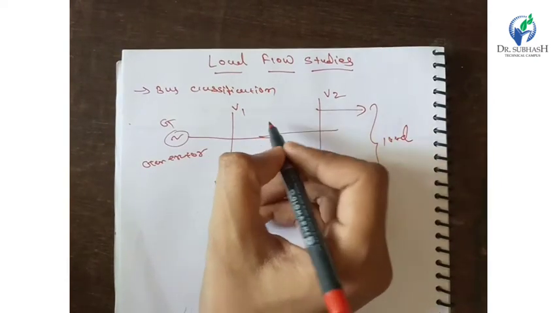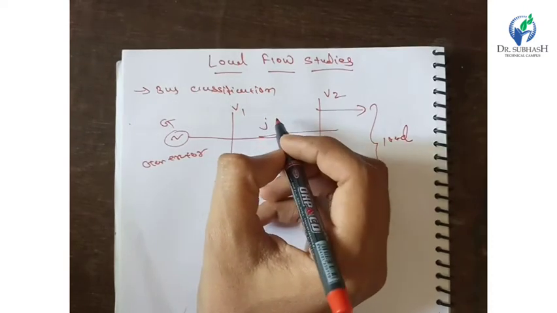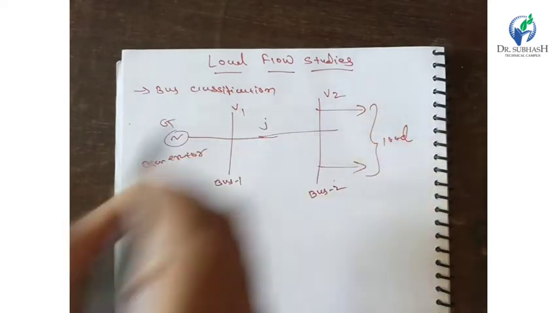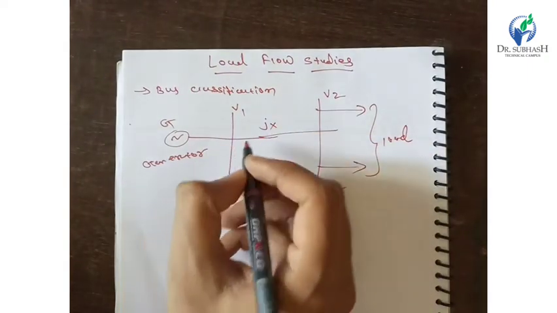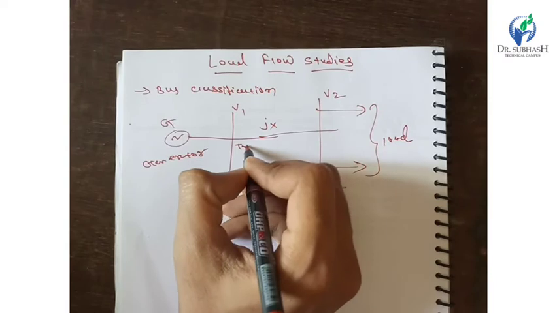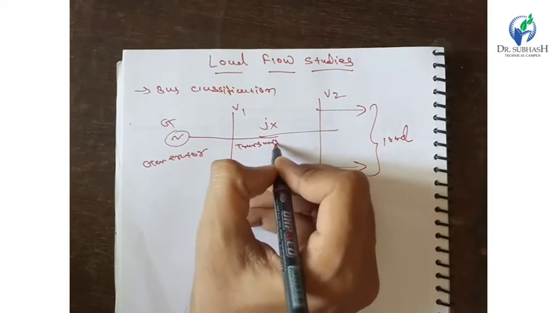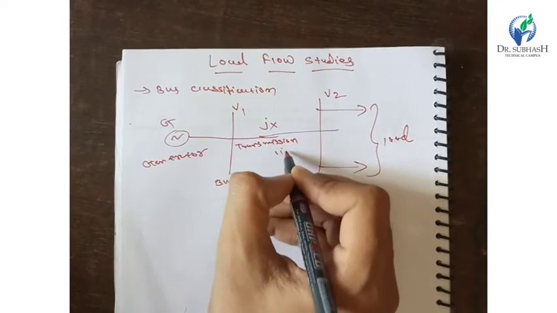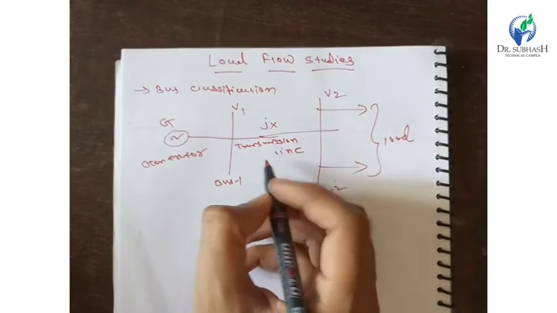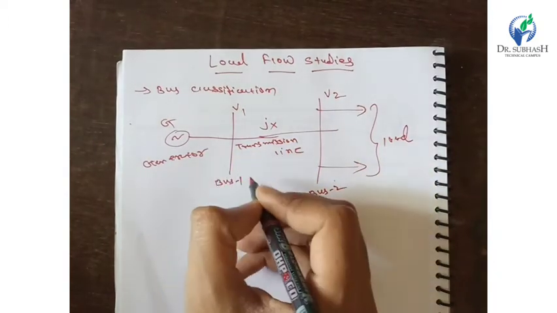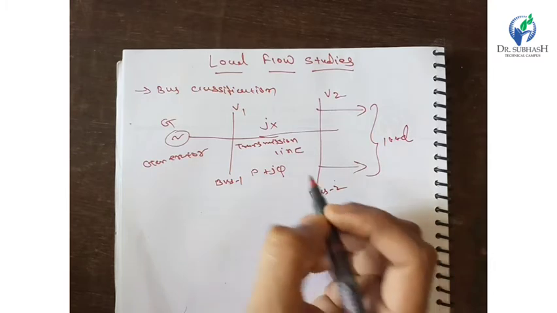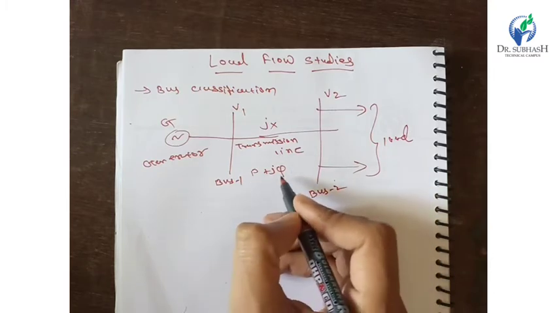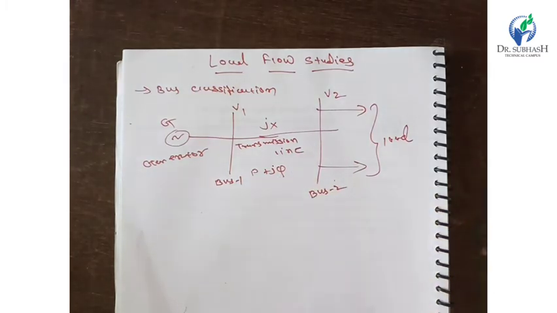It is a transmission line. For the real and imaginary parts, we should consider in the transmission line, it is P plus jQ. P is the real part and jQ is the imaginary part.